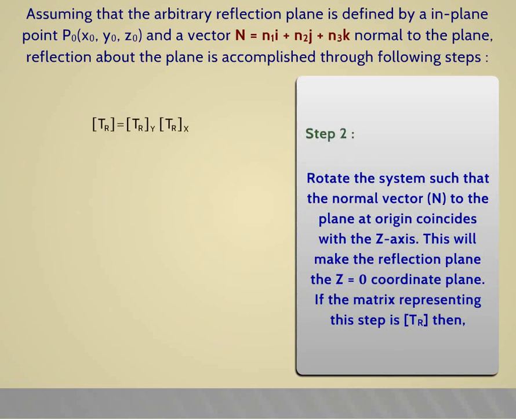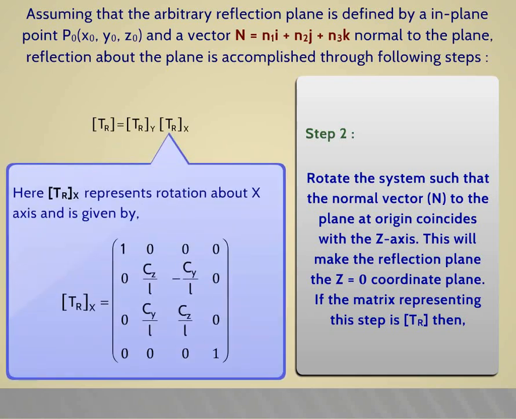Step 2. Rotate the system such that the normal vector n to the plane at the origin coincides with the z-axis. This will make the reflection plane the z equal to 0 coordinate plane. If the matrix representing this step is TR, then TR is equal to TRY, TRX.